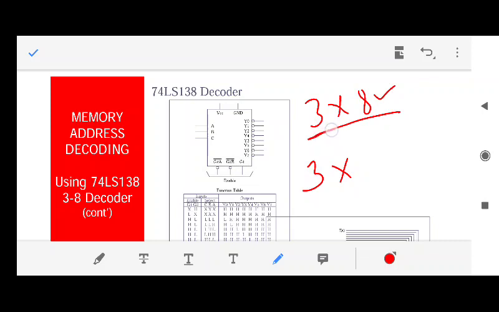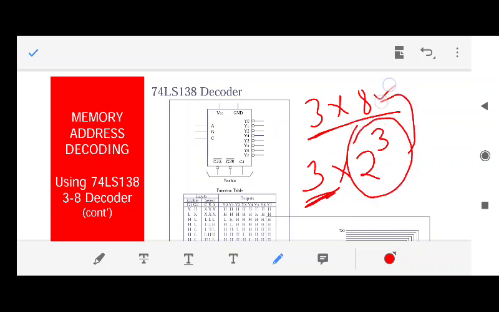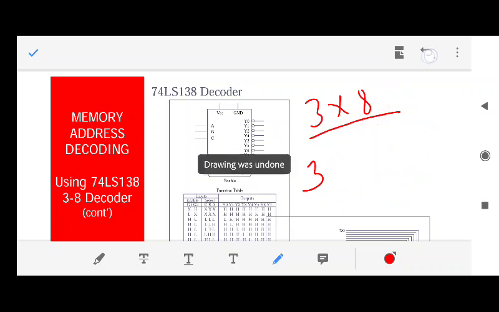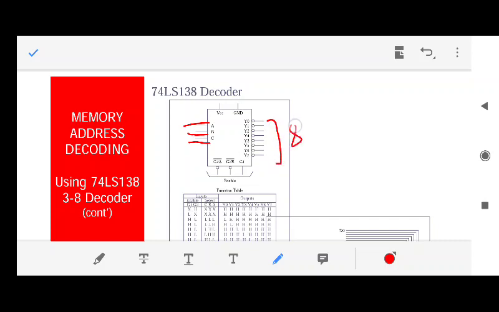Because 3 input lines can be decoded to 2 to the power 3 output lines, and 2 to the power 3 is 8 output lines. So this is what is shown in the figure: this decoder has 3 inputs and they are decoded into 8 outputs.